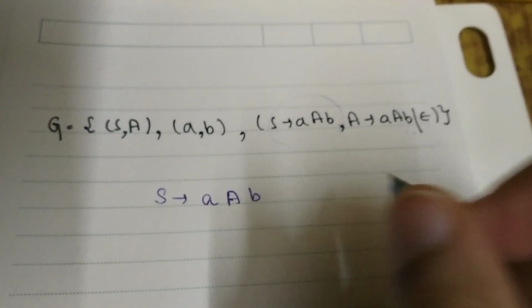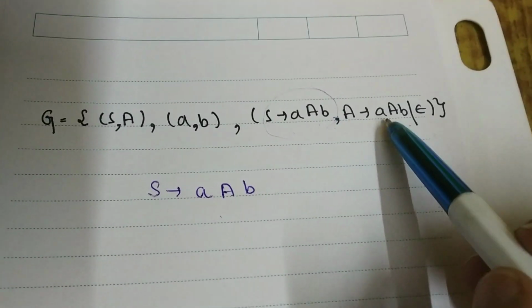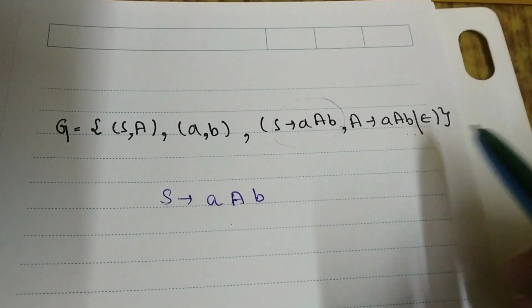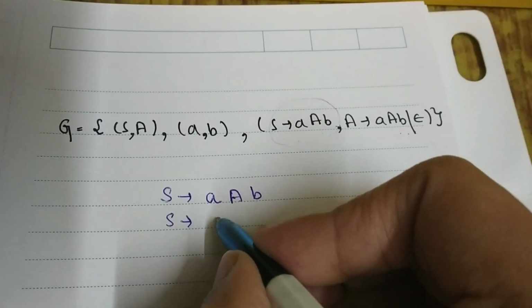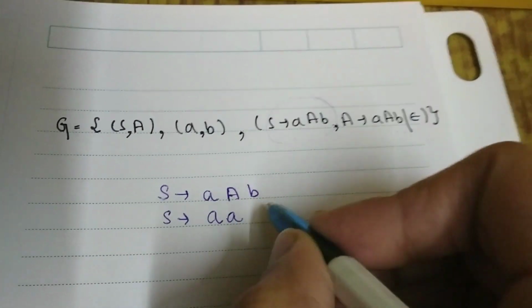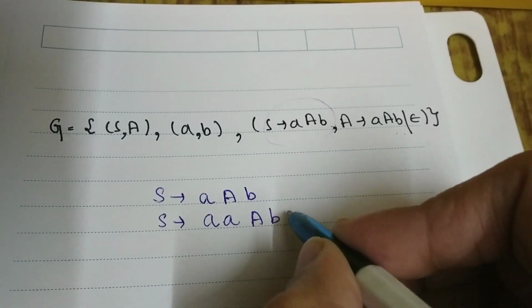First I am going to replace capital A with A, capital A, B. Then S will imply A, capital A, B, B.